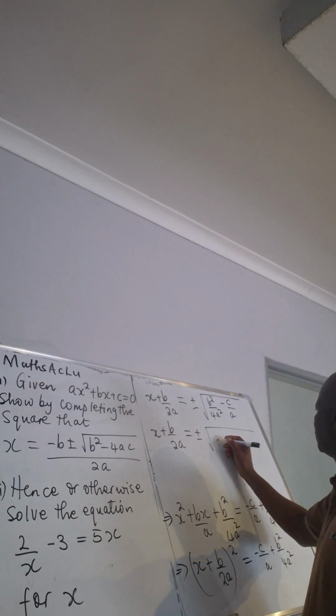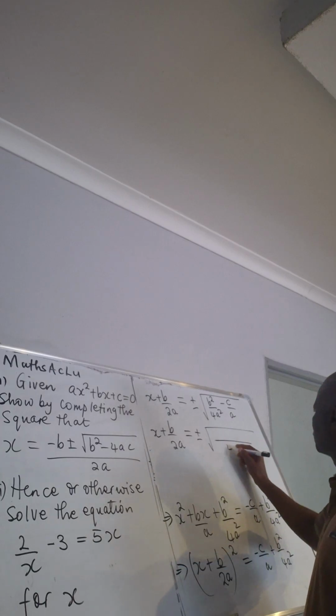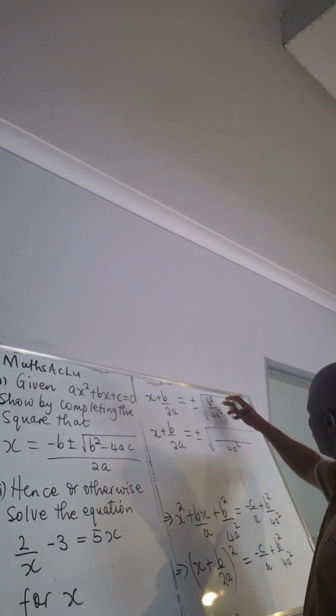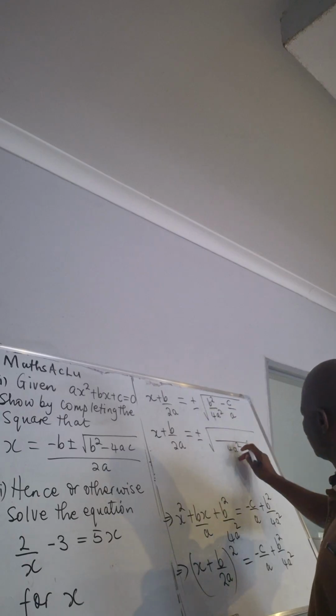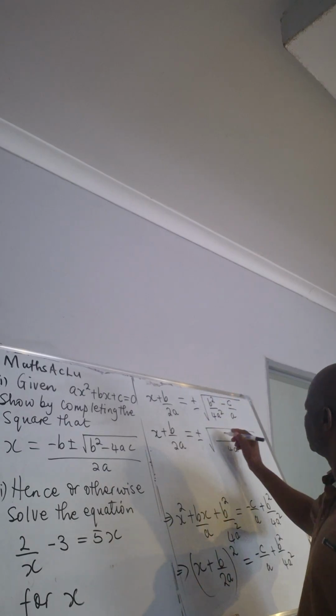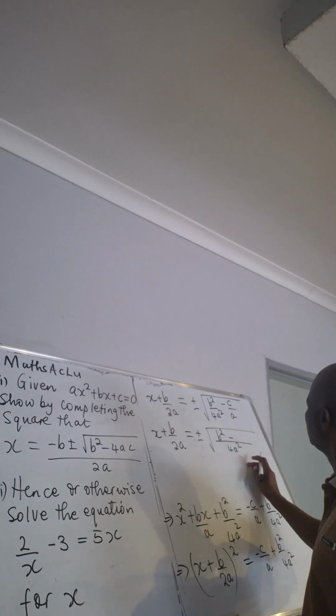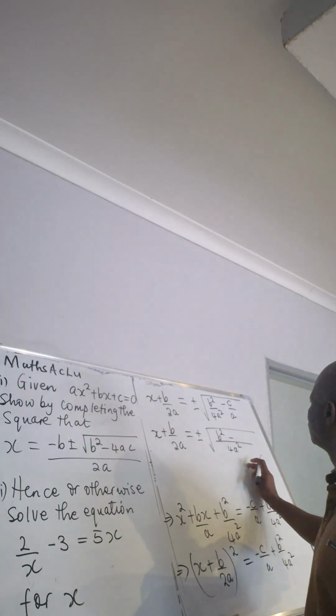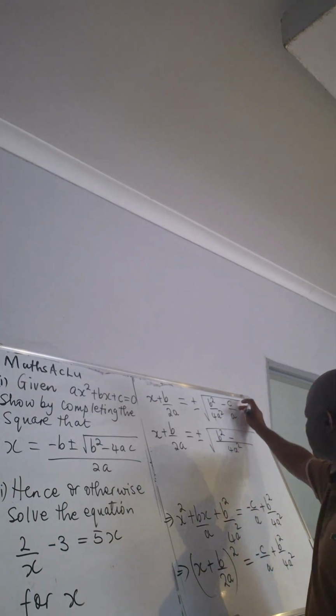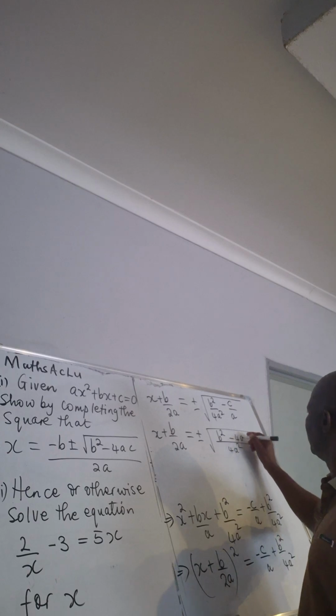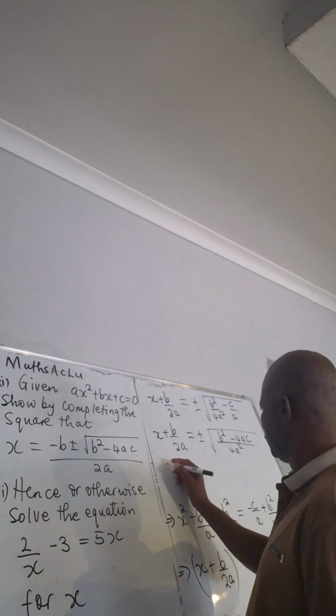That is going to be 4a squared. So we divide 4a squared into 4a squared is 1 times b squared is b squared minus a into 4a squared is 4a times c. So it's going to be 4ac. Right. So we can continue.